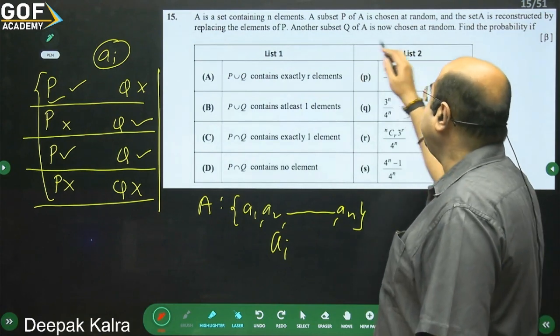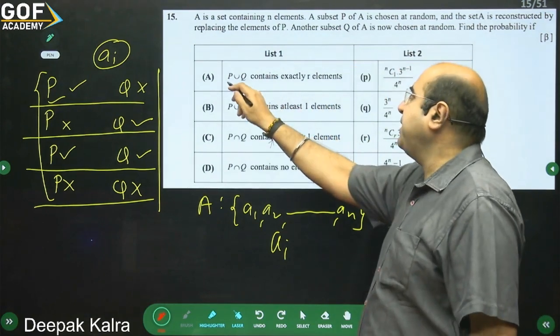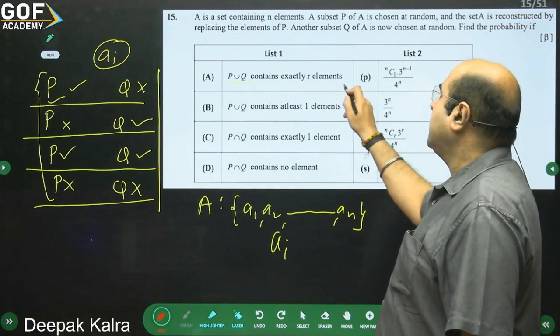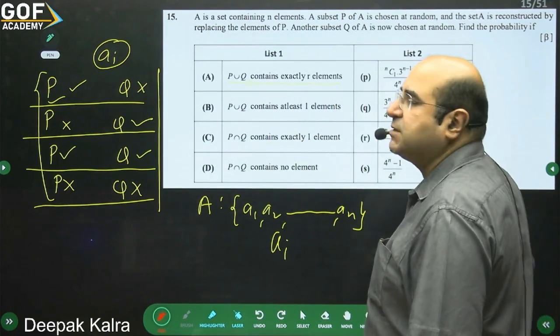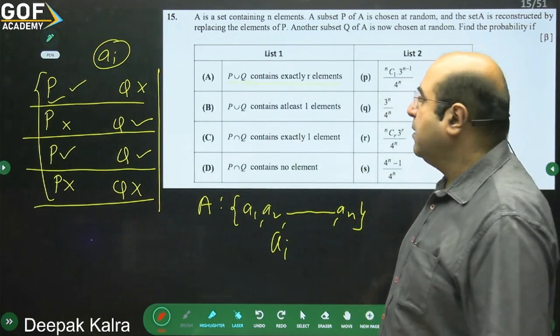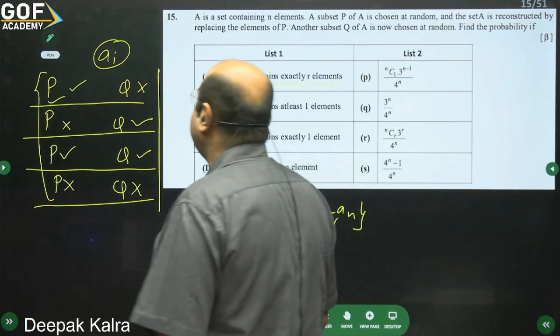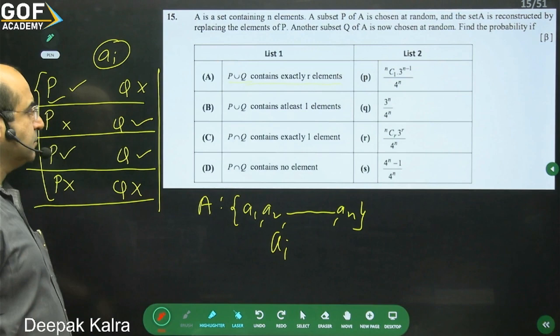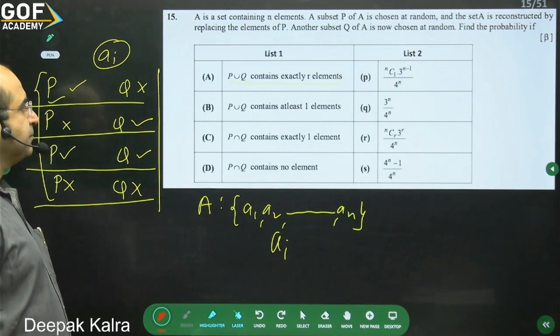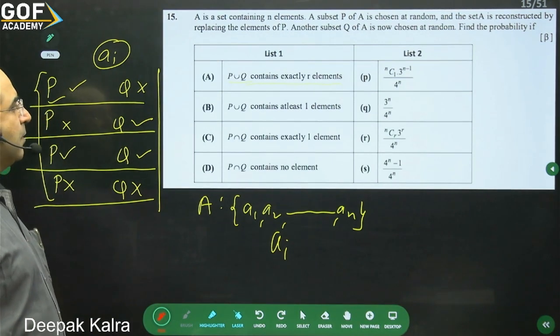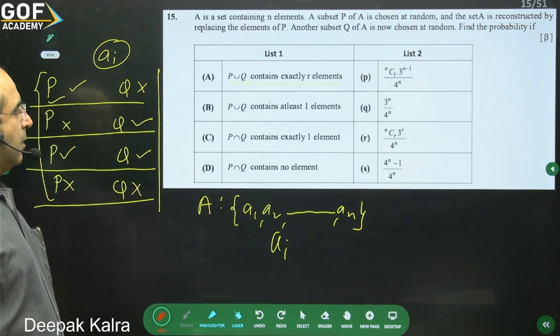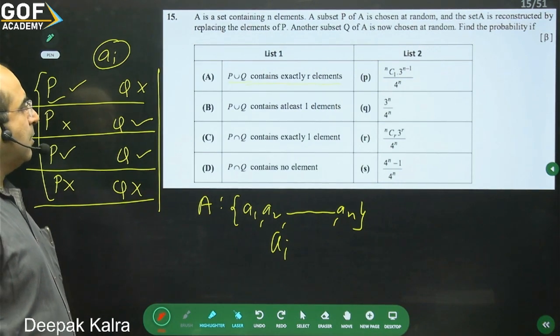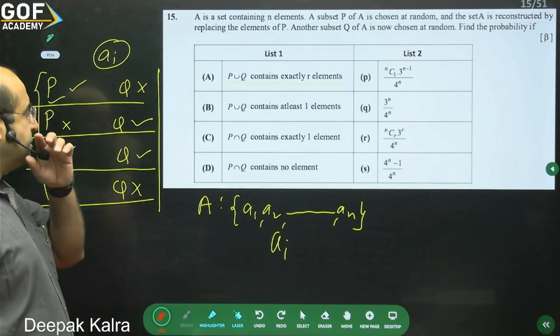Now they are giving the question that P union Q contains exactly r elements. P union Q should have r elements. What do you say? Exactly r elements.